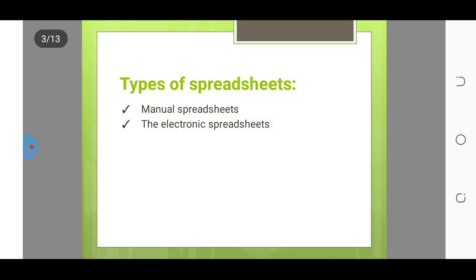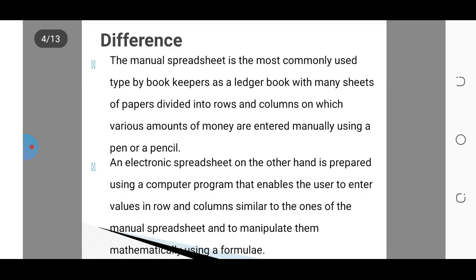We have two types of spreadsheet. We have what we call manual spreadsheets and then electronic spreadsheets. The difference between the two: manual spreadsheet is the most commonly used type of bookkeepers, a ledger book with many sheets of papers divided into rows and columns on which various amounts of money are entered manually using a pen or a pencil.